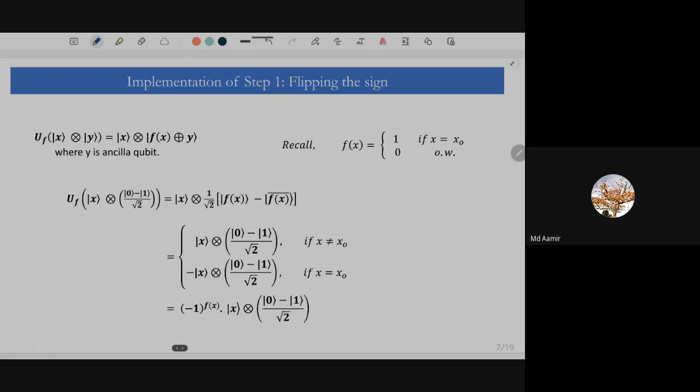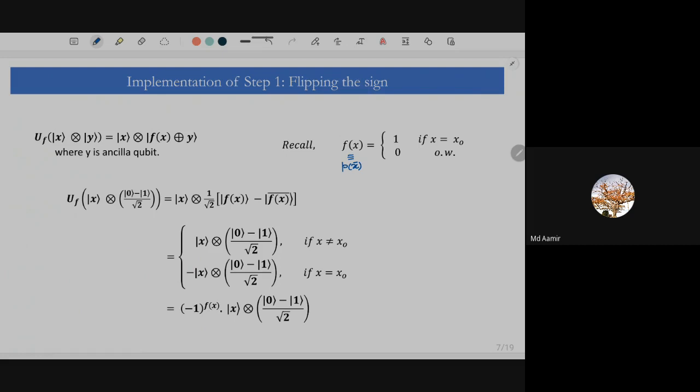So how will we perform this flipping of the sign? Here I have used f of x, but it should be p of x. I'm just using f and p interchangeably. So f of x is equivalent to p of x bar. Don't get confused by this.